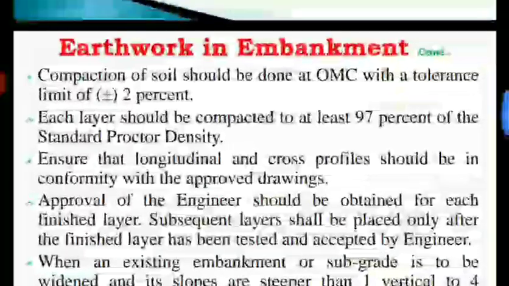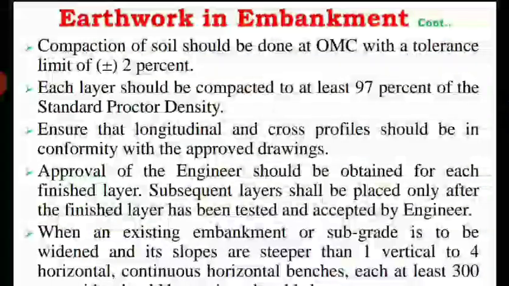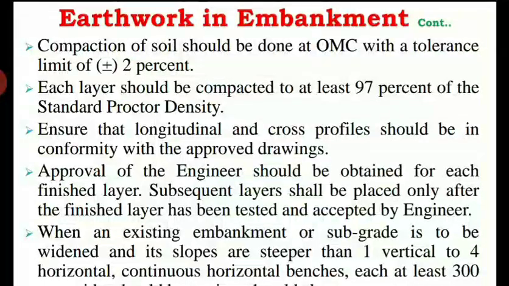And after that, we have studied the different conditions in the embankment. Based upon the different conditions, we will select which one we need to refer for which conditions. And after that, the compaction of the soil should be done at optimum moisture content with a tolerance limit of plus or minus 2%, right?